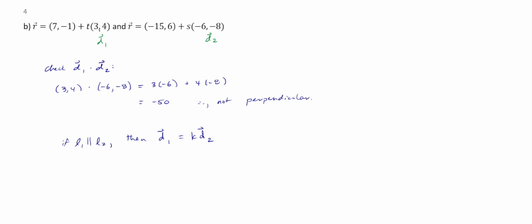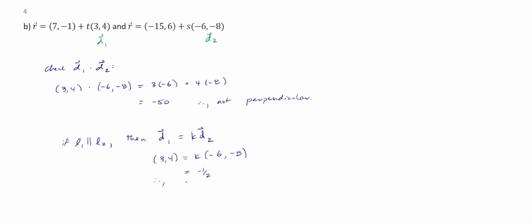Okay, so let's look at direction vector 1. So (3, 4) is equal to k times (-6, -8), right? So this would mean, therefore, k is equal to -1/2.